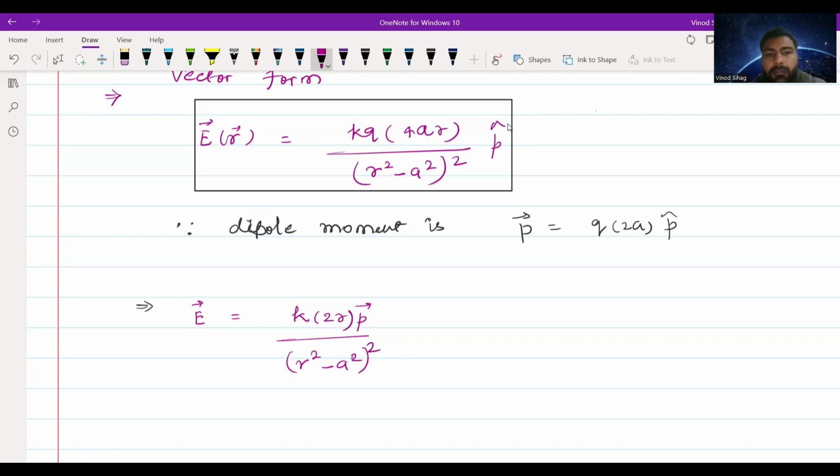So that's how you can write the electric field due to a dipole at an axial point.